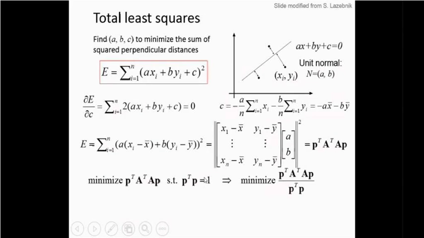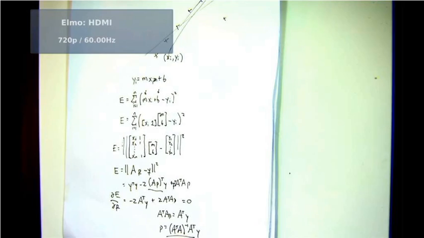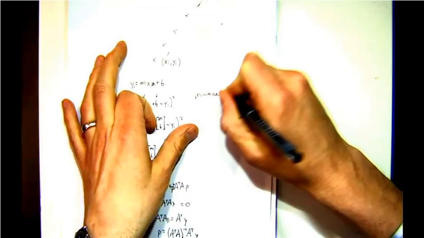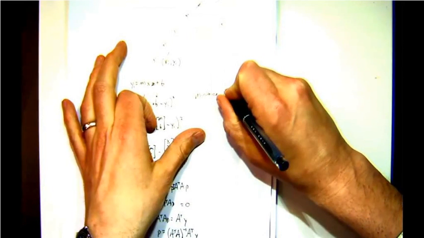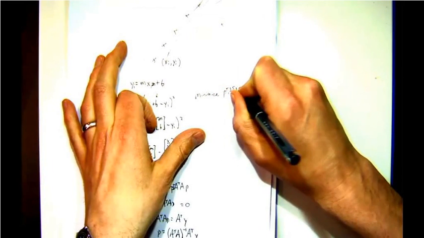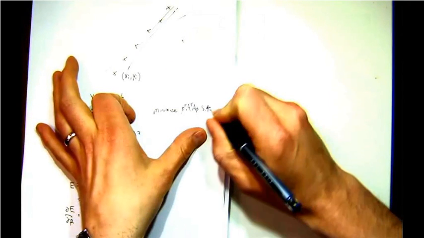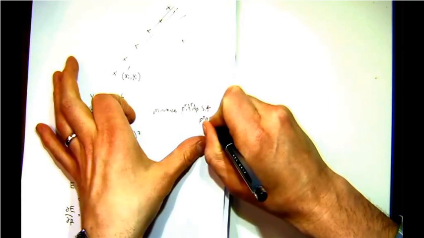So there's actually a very easy way to show the solution of this, using Lagrange multipliers. Let me just switch over to do that. So I'm trying to minimize p transpose A p such that p transpose p equals 1.